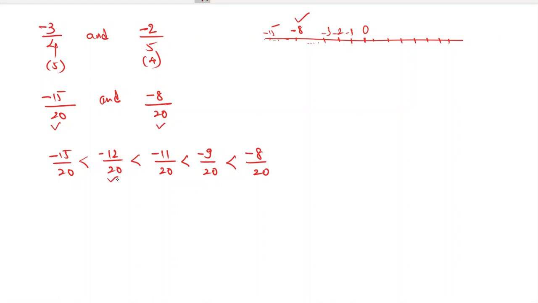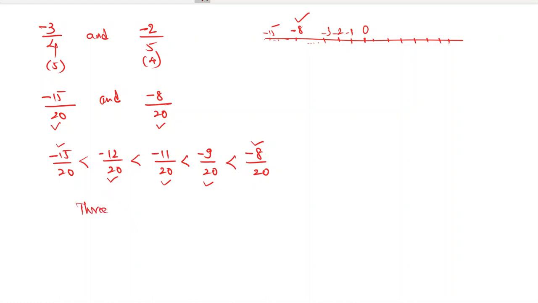Minus 12 by 20, minus 11 by 20, and minus 9 by 20. These are the numbers which are between minus 15 by 20 and minus 8 by 20. These are the numbers which are greater than minus 15 by 20 and smaller than minus 8 by 20. Right? So these are your required numbers. Very easy method, right? So you can write it like this.